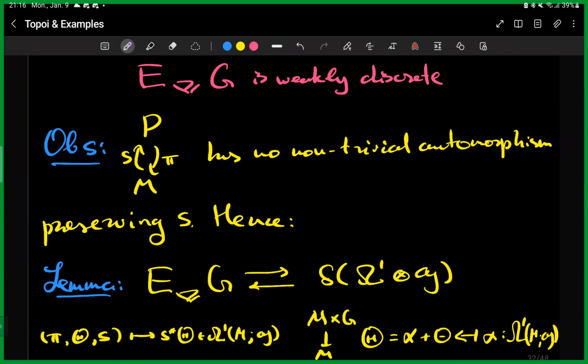So the first thing that we observe is that if we have a bundle with a trivialization, and we are asking for automorphisms which preserve this trivialization and are automorphisms of this bundle with or without connection, it doesn't matter, we don't have any non-trivial automorphisms, just because we fix the way this bundle splits into the product of G and M. So the condition of equivariance prohibits us from having non-trivial automorphisms.